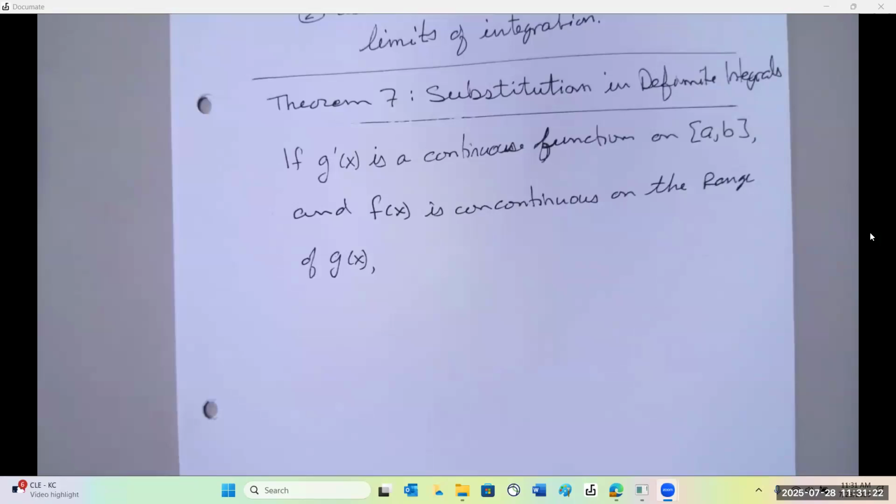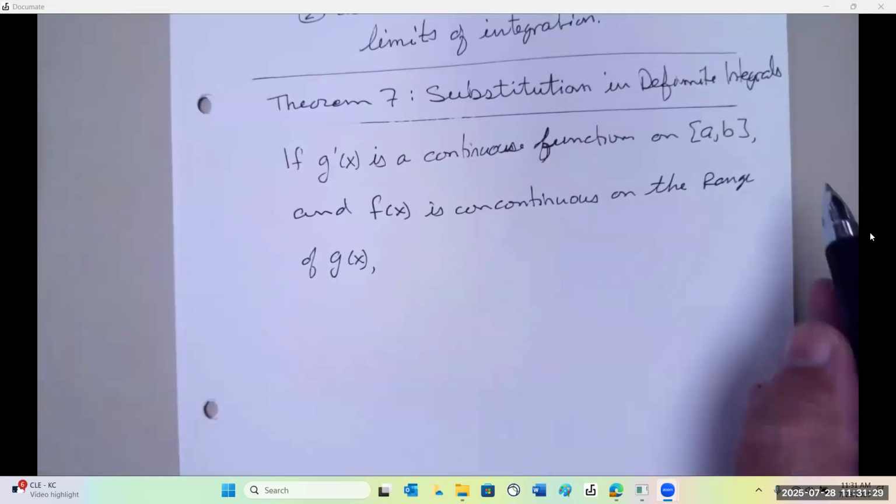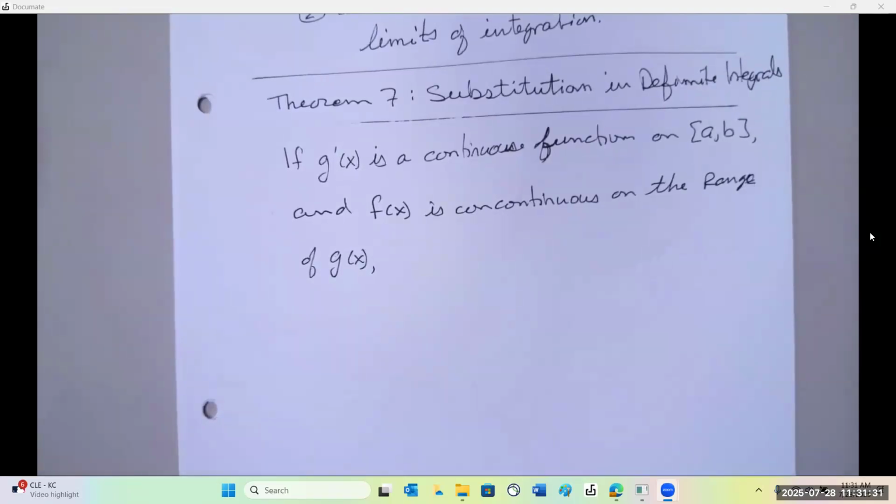So if g prime, the derivative of our internal function, is continuous, and f of x is continuous on the range, what does that mean? Continuous on the range of g.